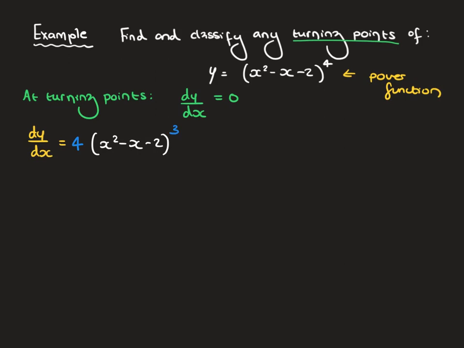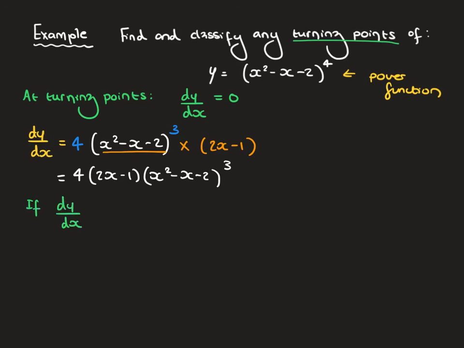And let's multiply by the derivative of the innermost function here, which is, of course, 2x minus 1. So our derivative is 4, brackets 2x minus 1, brackets x squared minus x minus 2, all to the power of 3.